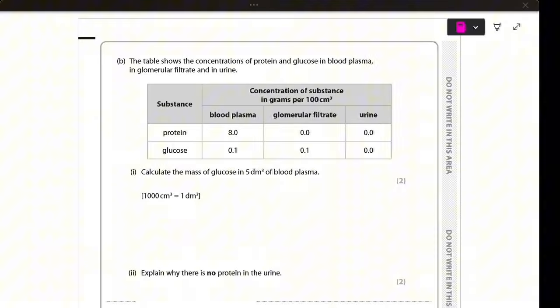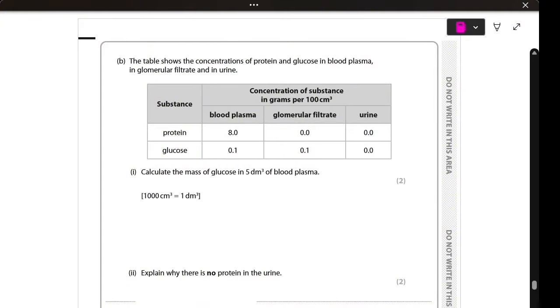So to find out how many grams of glucose there are in 5,000 centimetre cube, we have to divide by 100 centimetre cube. So our layout should be like this.